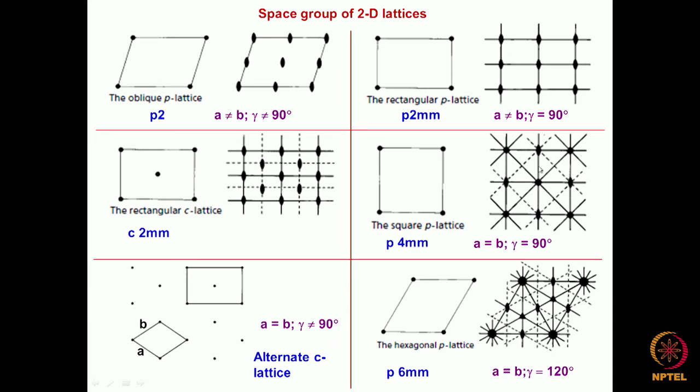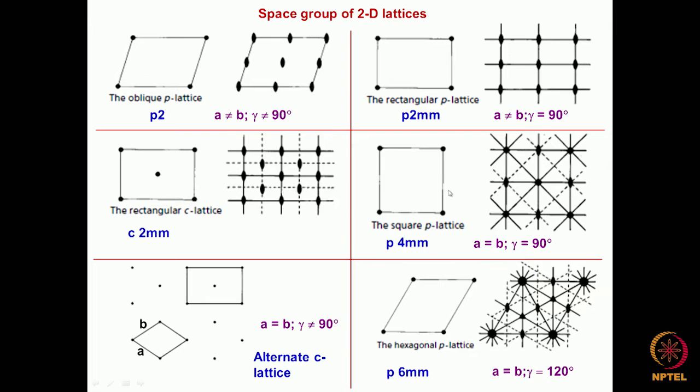So essentially the symmetry it has is a fourfold rotation. In addition, along the x and y axes mirror symmetry is there. Then passing through this center point, we again have mirror symmetry. Then along the body diagonals we have mirror symmetry. So the actual symmetry representation we call 4mm.